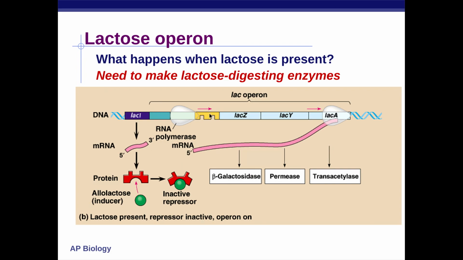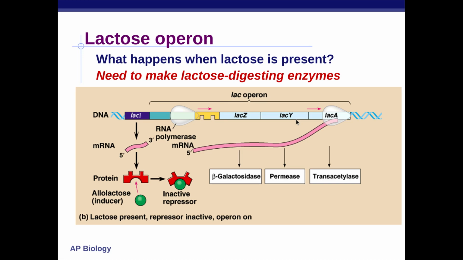There is a gene upstream of this operon called LacI, for the Lac inhibitor, and the LacI gene produces a repressor, and that repressor, in its natural state, can go and bind to the operator and therefore prevent the synthesis of RNA, the synthesis of the Lac genes.